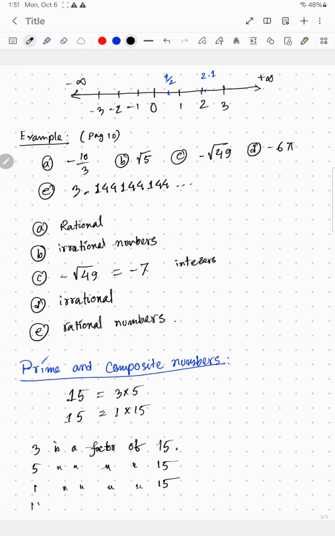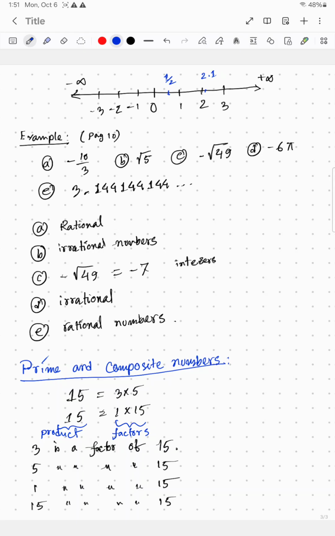So is 15 itself a factor of 15. Okay, so these numbers here are called factors, and this here is called the product. So if we multiply two numbers and get another number, that number is called the product, right?